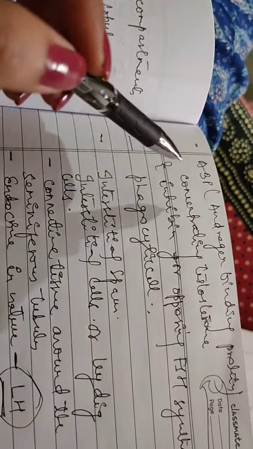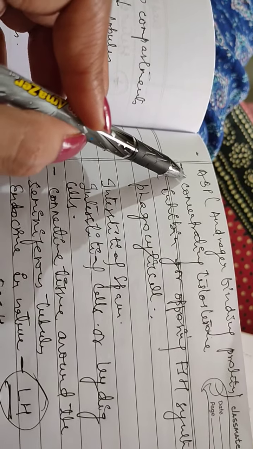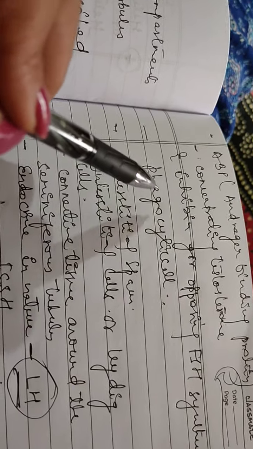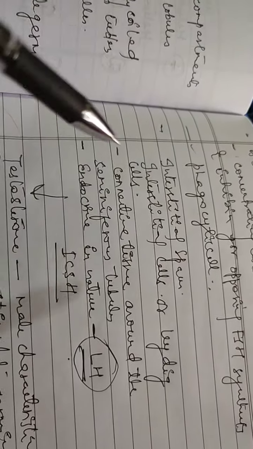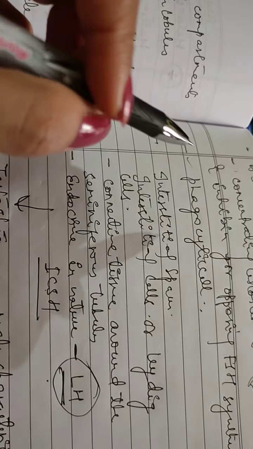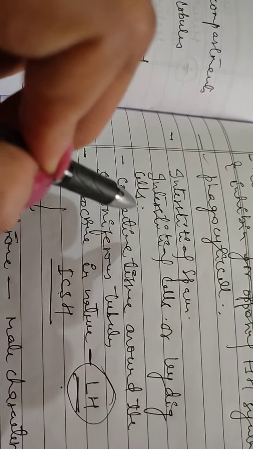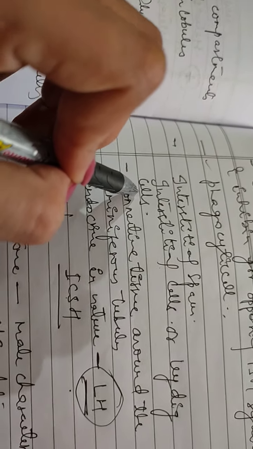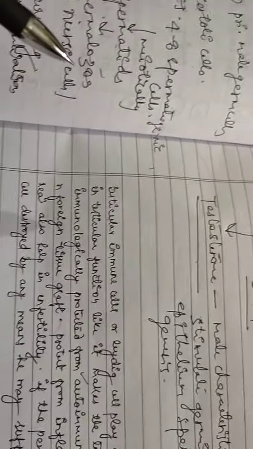They have many functions, like secreting ABP, androgen binding protein, and phagocytic function. Then the interstitial space of seminiferous tubules has interstitial cells, also known as Leydig cells, and the function of Leydig cells is as I discussed here. So this is all about the structure of the testis.